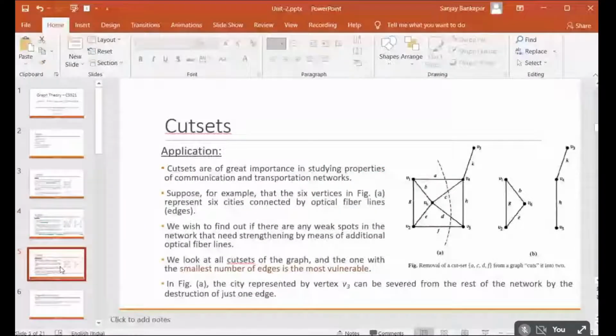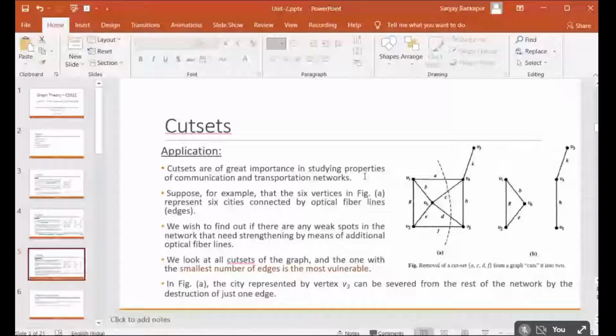So the idea of cut set is, say, the application side. Cut sets are of great importance in studying properties of communications and transport networks. Not just in communication and transport networks, any network which is highly connected. We would like to figure out a few of the weak links so that we can make them strong.